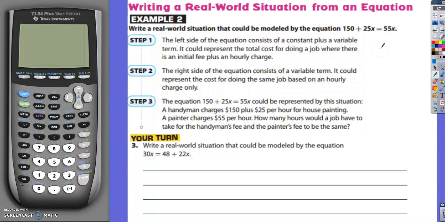So an example could be a handyman charges $150. That's the initial fee plus $25 per hour. That's the constant rate of change. That's for the first handyman one. So this represents the handyman.